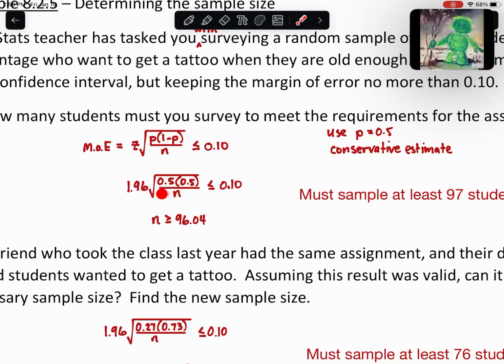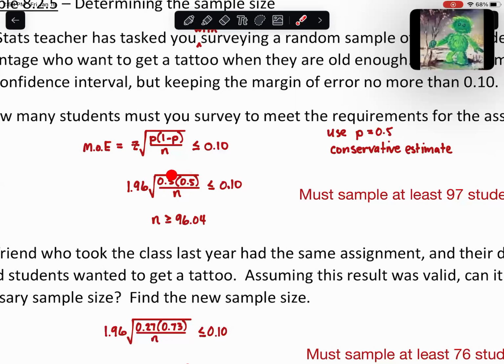And now you have this inequality, and we're going to solve. We're going to try and get n by itself. I didn't show all the steps in my work here, but it's just algebra at this point. I'll talk through some of the steps. The first thing you would do on the left side is divide the 1.96 over to the other side. That would leave you with the radical by itself, at which point you square both sides.